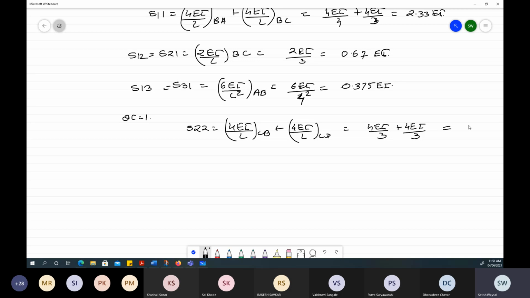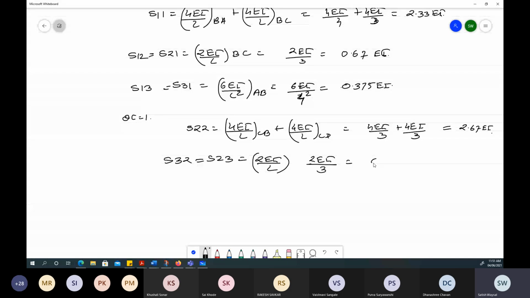Is it right? Check this. Then S32 is equal to S23 is equal to 2EI by L. This is 2EI divided by L, which is 3. So this is again 0.67 EI.